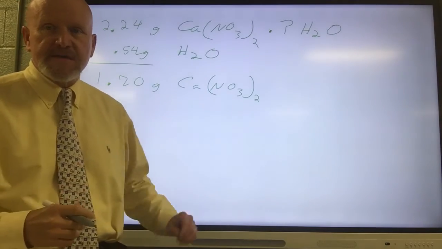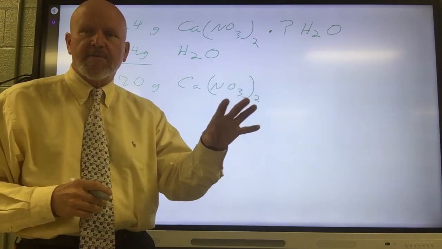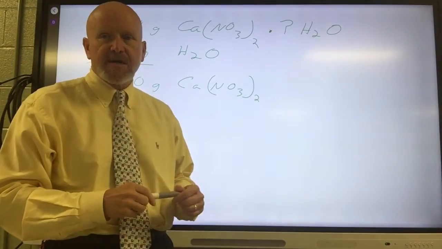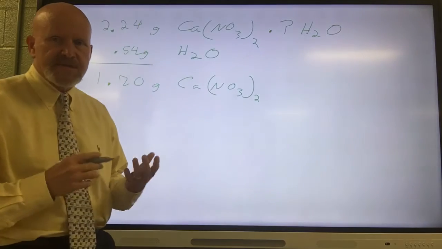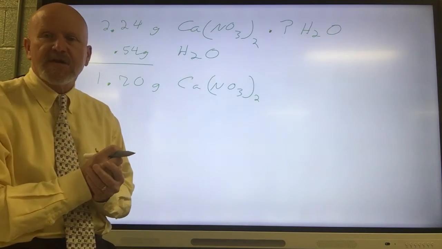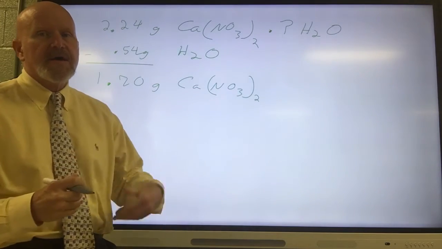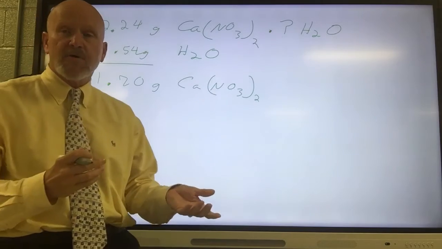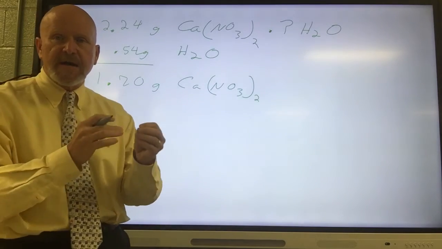Now, what I'm trying to find out is how many water molecules are attached to each one of these formula units of calcium nitrate. The grams don't tell us how many, but you've done enough chemistry to know that anytime you've got grams of something, if I divide by its molar mass, then we can figure out how many things we're dealing with.